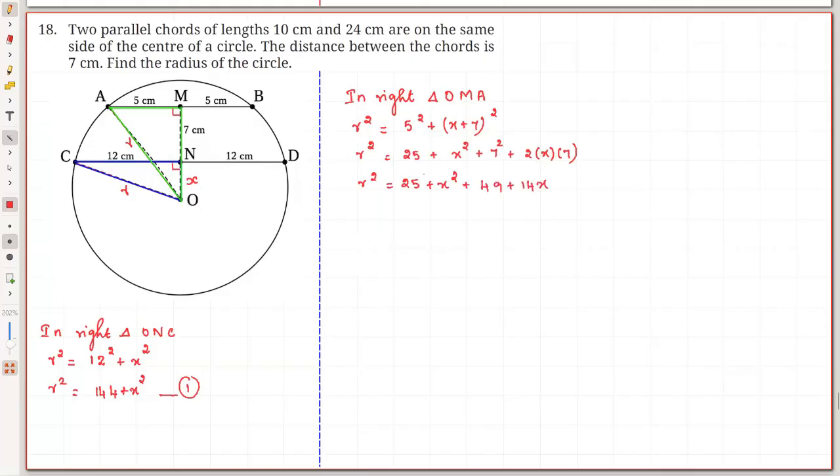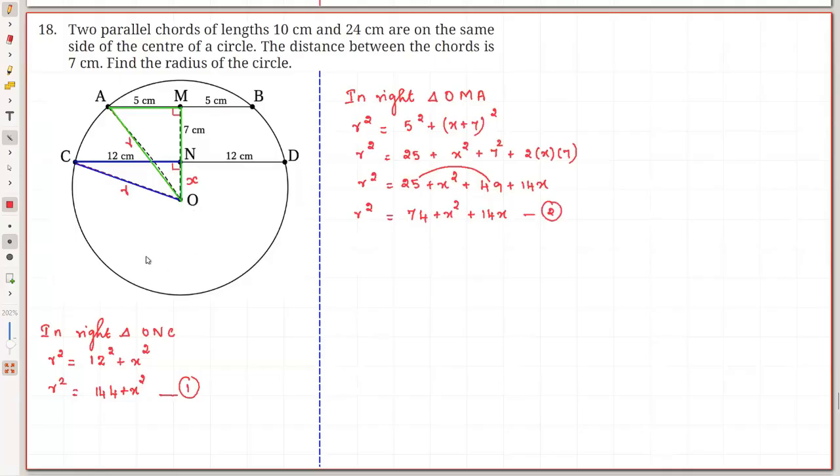Now we can add these two. 25 plus 49 is 74. We are getting R square equal to 74 plus x square plus 14x. We take this as equation number 2. We know that in a circle, radii are equal in length.